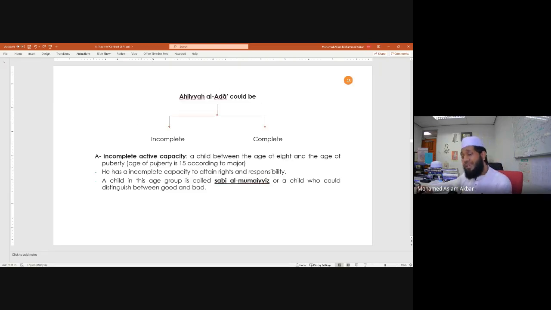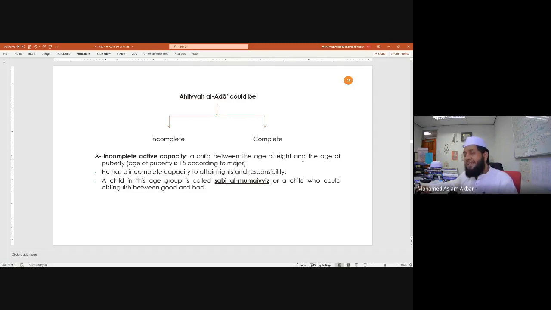As I told you again, there are also two types of ahliya al-ada, incomplete and then complete. The example for incomplete is Sabi al-Mumayyiz. So what exactly is incomplete active capacity? A child between the age of 8 and the age of puberty. The age of puberty is 15 according to the majority.